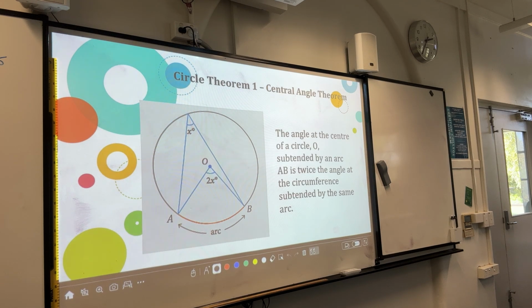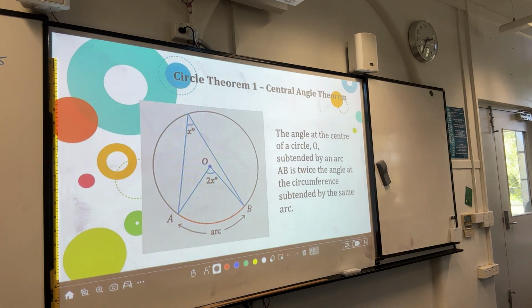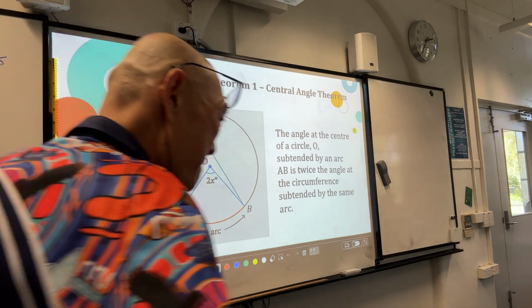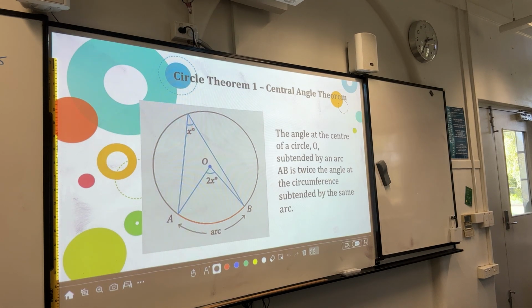The 5 cases. Last night it took me a while to think of 4 cases, and finally, the 5th case, I found it. So you've learned the first theorem.